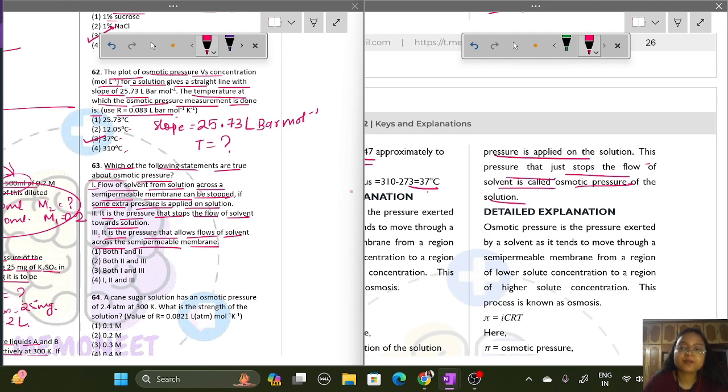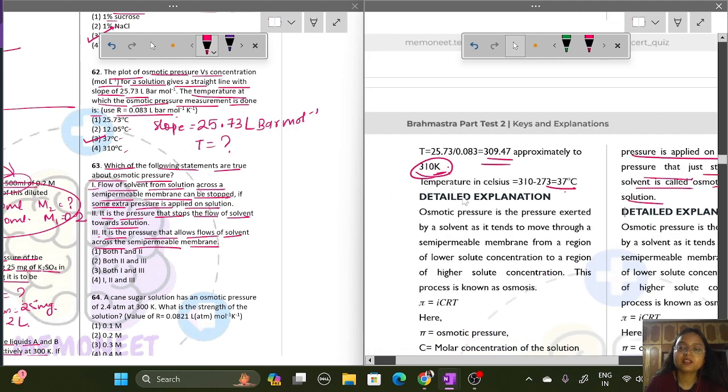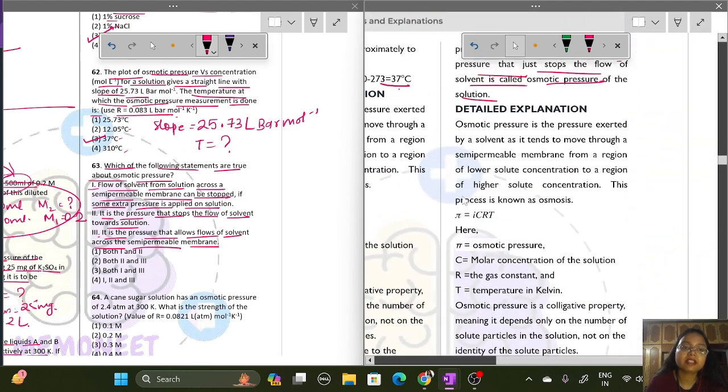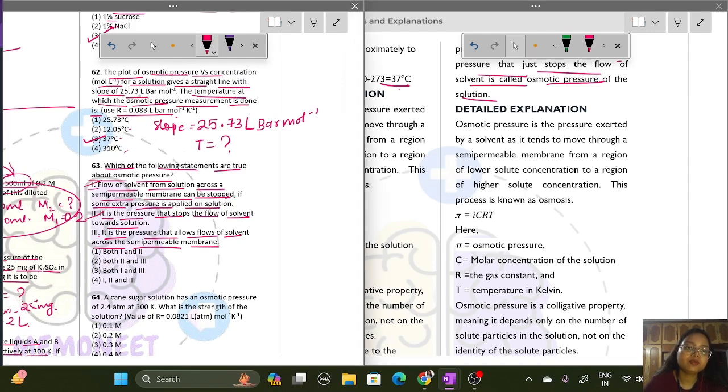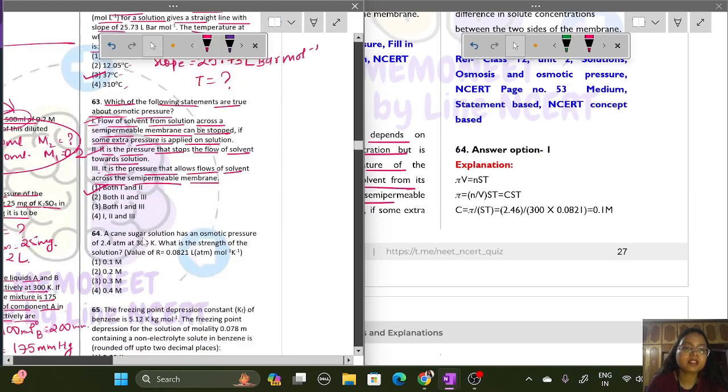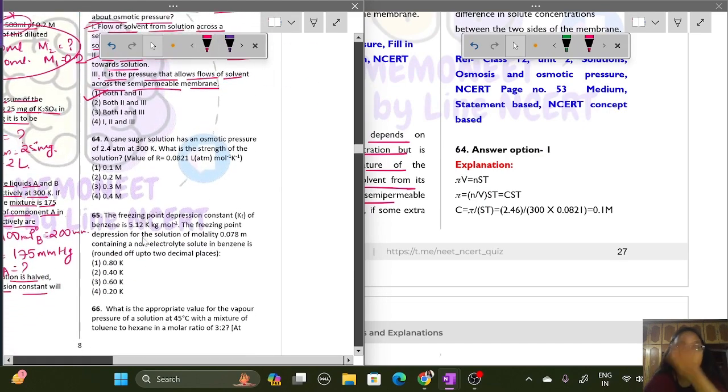So which will be the correct option here? On reading this, you will get that statements 1 and 2 are correct. So option number 1, both 1 and 2, is the correct option. Here only the details about osmotic pressure are given. Next is question number 64.